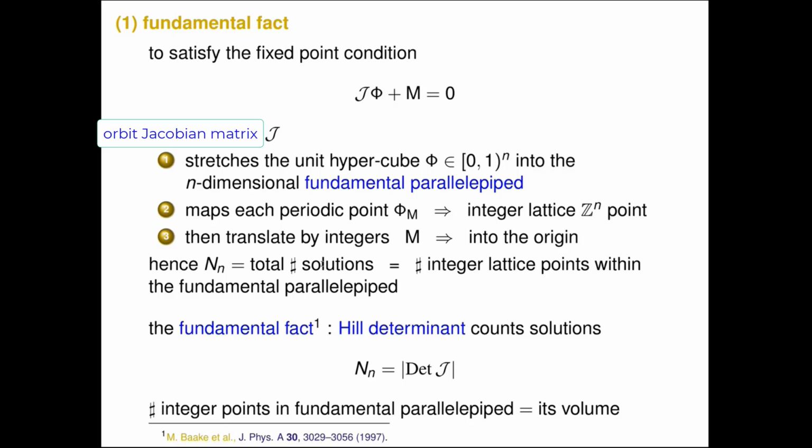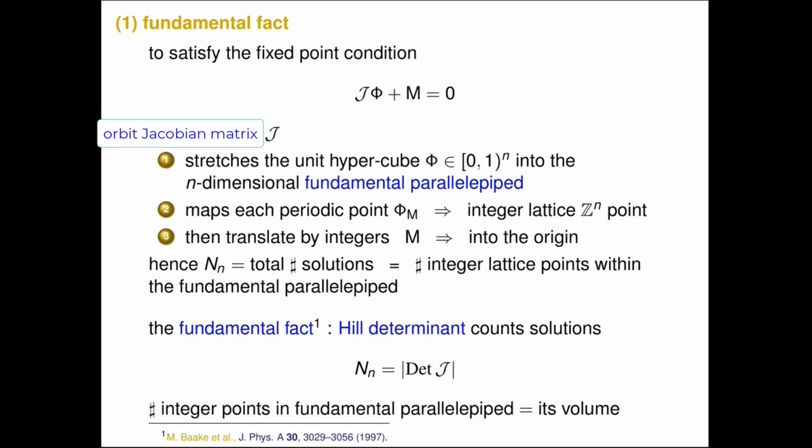And the amazing thing about it is the number of solutions of this problem, how many distinct solutions, is the number of integer points within this parallelepiped. The determinant of this Hill matrix, which I'll call the Hill determinant, counts this number. The volume is just the number of solutions.